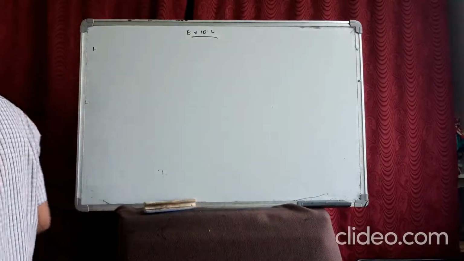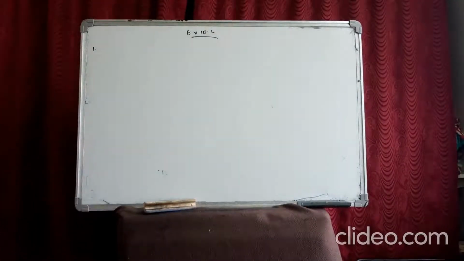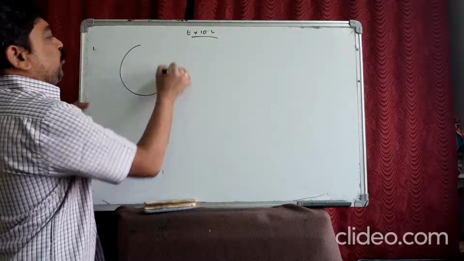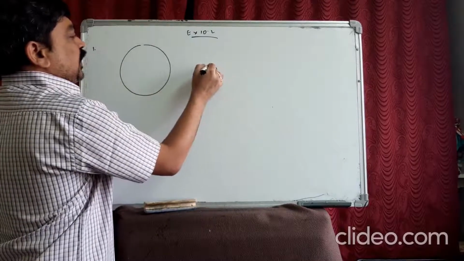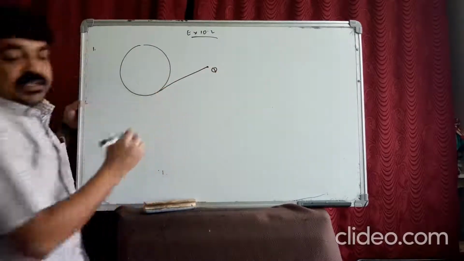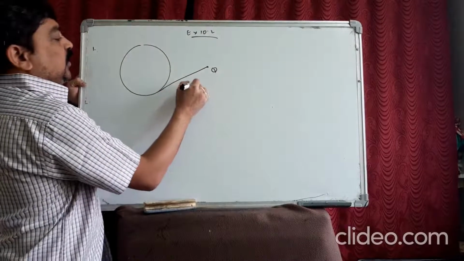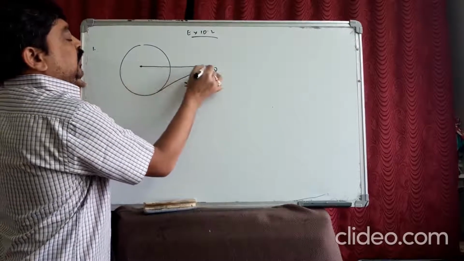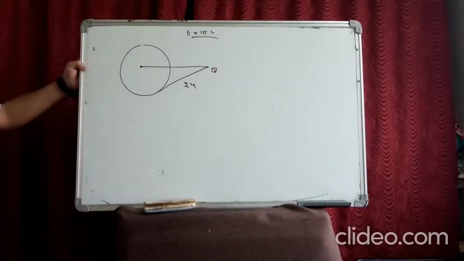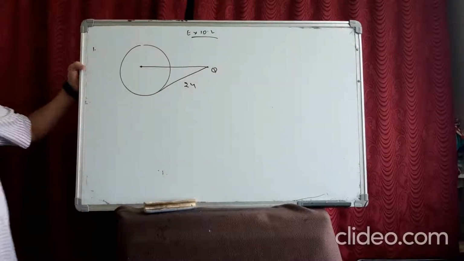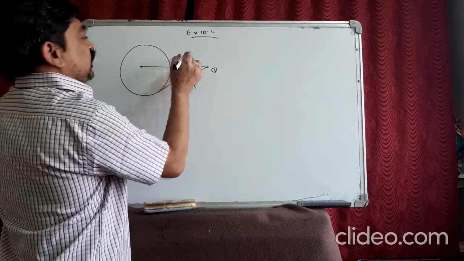First question. From a point Q, the length of the tangent drawn to a circle is 24, and the distance of Q from the center is 25.